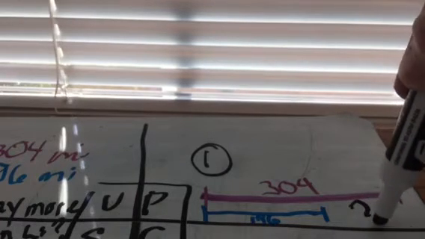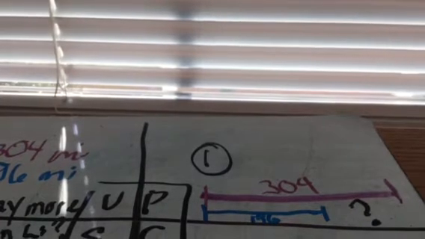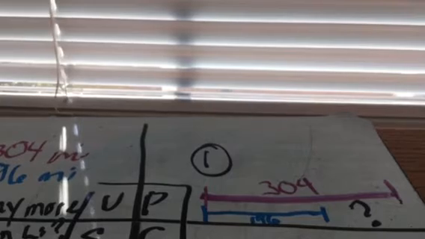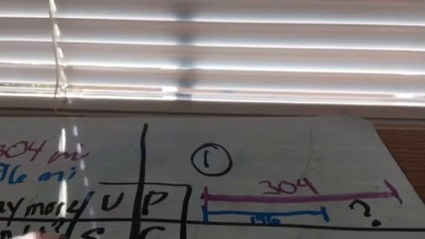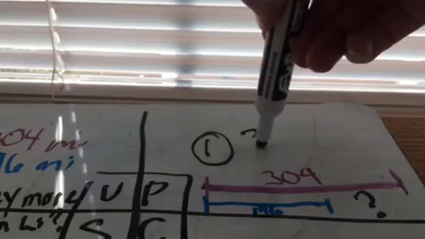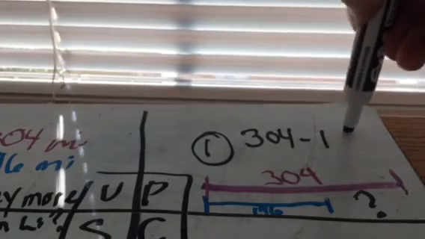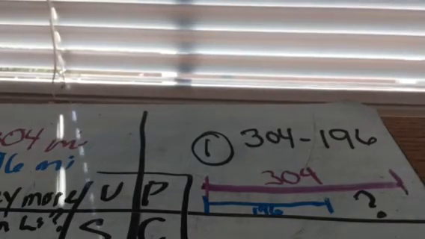So how much extra did Larry go than Lisa? So this means the easiest way to do this would be to subtract, because I need to know this little chunk that is extra for Larry. So I'll do 304 minus 196. And that will give me this extra chunk of how much more was Larry than Lisa.